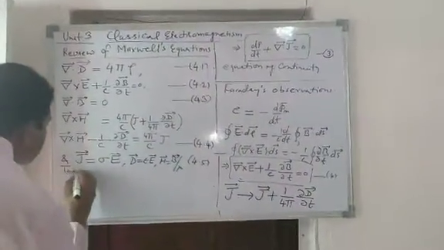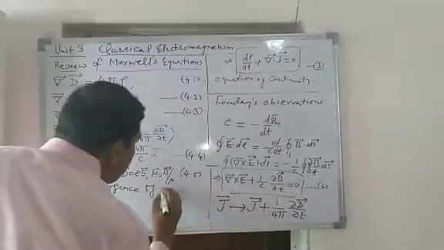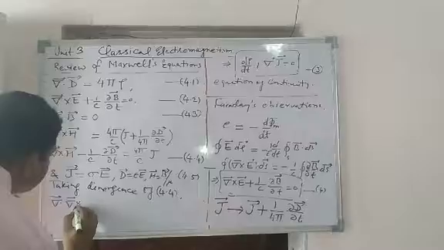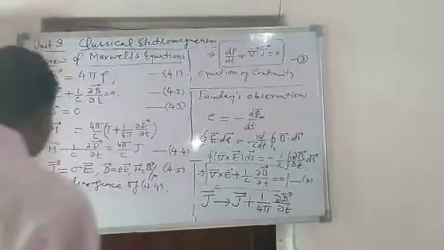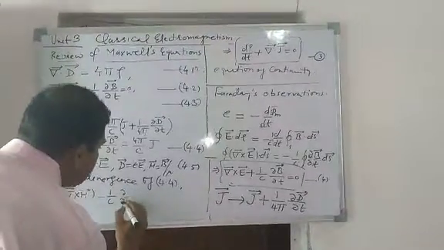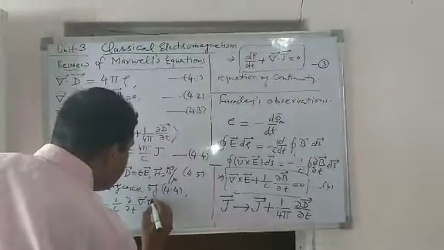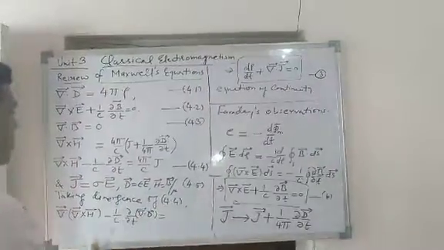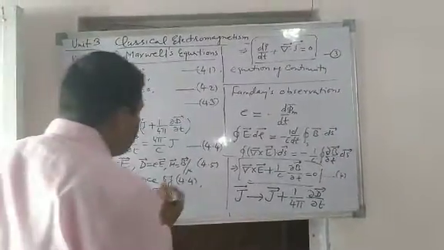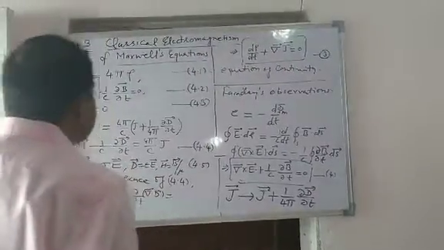Taking the divergence of 4.4, we will get the scalar product of the curl of H minus 1 over c del by del t of D. Now this is going to be del dot D, because whether we take the derivative first with respect to time or take the divergence first, the results remain unchanged. That's the beauty of partial derivatives.